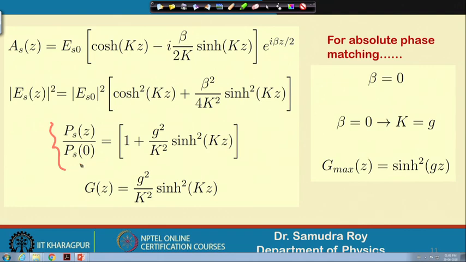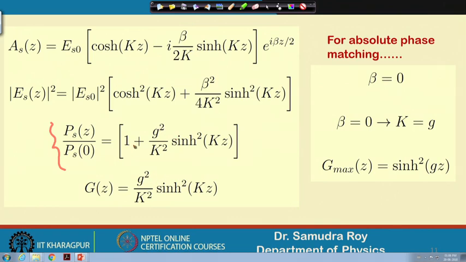So, this ratio gives 1 plus g square by k square sinh square of kz. So, this is basically the gain term, a non-zero positive term, that means we are getting some kind of gain out of that. If this term is not there, the ratio is 1, that means there is no gain.